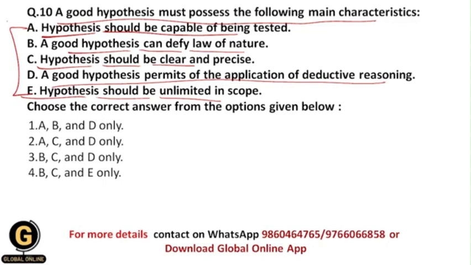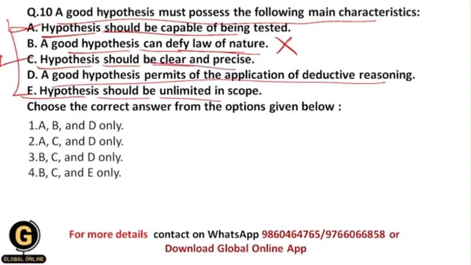So this is one of the main characteristics of a good hypothesis. Good hypothesis can defy law of nature. So this is basically incorrect, because a good hypothesis should clearly specify and permit the law of nature. It should not defy the law of nature. All of you getting it?